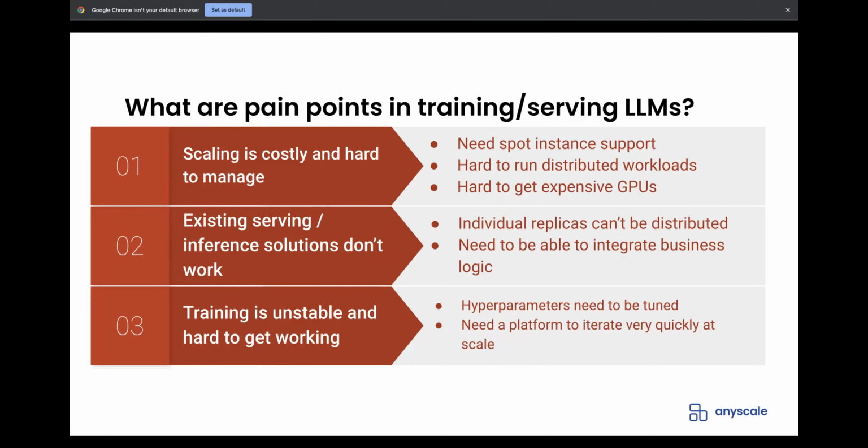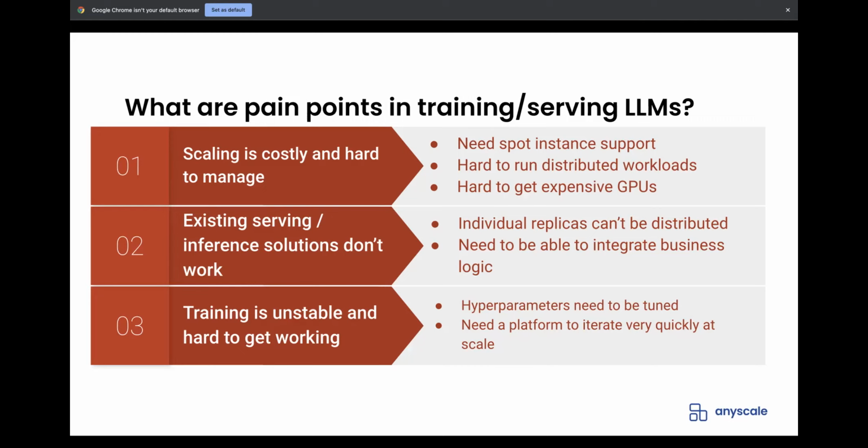So the second challenge is that the existing technical solutions for serving and inference do not really work that well. So one is how to handle replicas, right? When we're talking about inference, naturally you need to handle multiple parallel incoming requests on a per second basis.